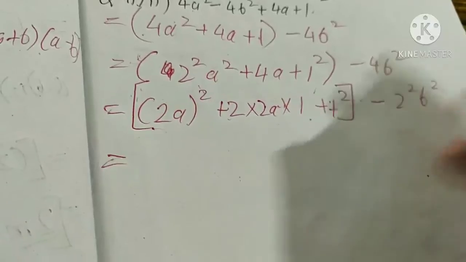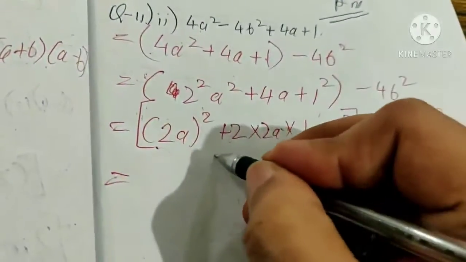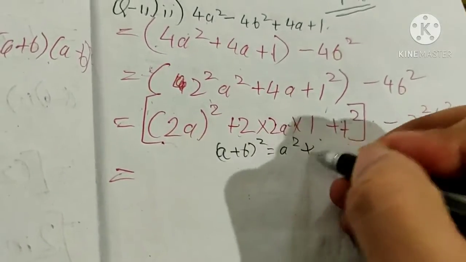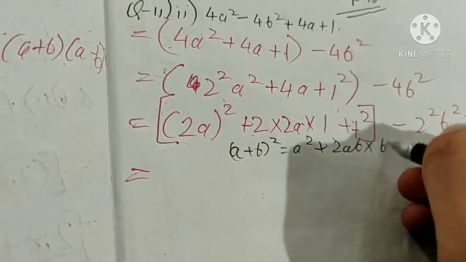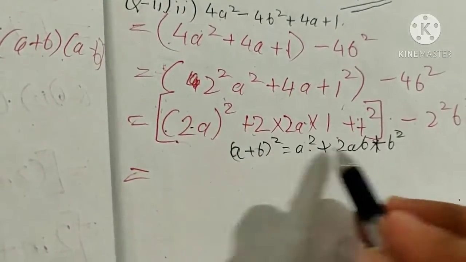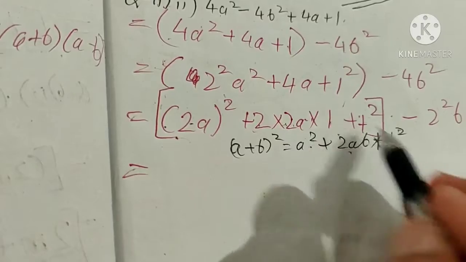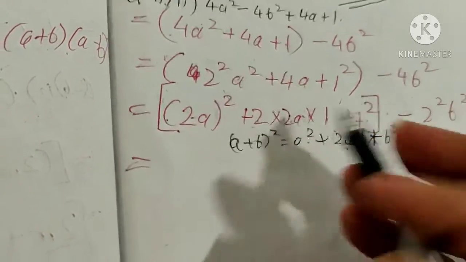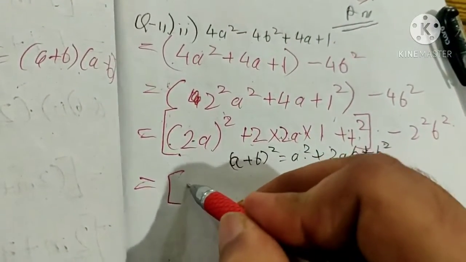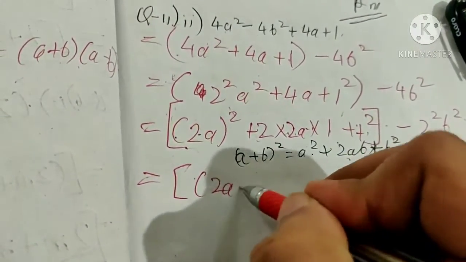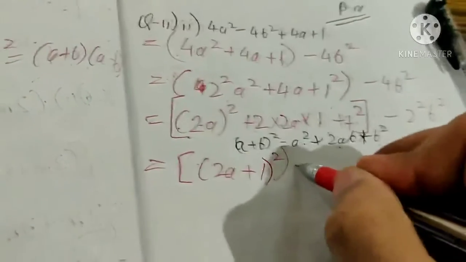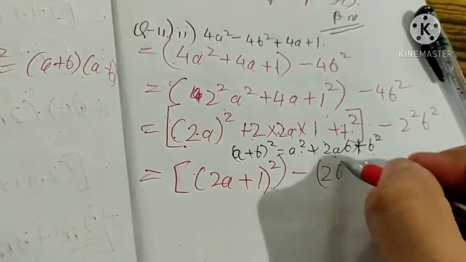So if we see in this term, here it is a form of a plus b to the power 2, a square plus 2ab plus b square. First term square, then 2ab, 2 into a into b, and then last term square. So here it is written like 2a plus 1 to the power 2 minus 2b to the power 2.